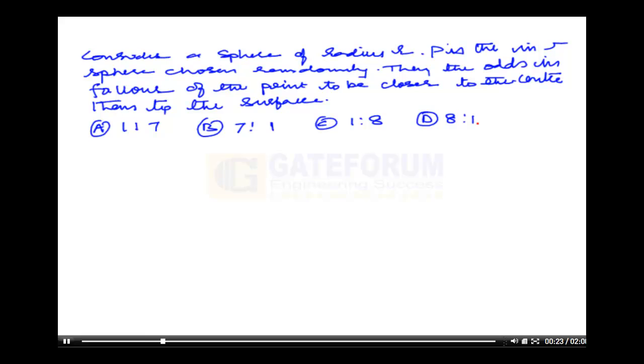So all those points which fall within the volume of radius r by 2 are closer to the center. Those points can be calculated as 4 by 3 pi (r by 2) cube.